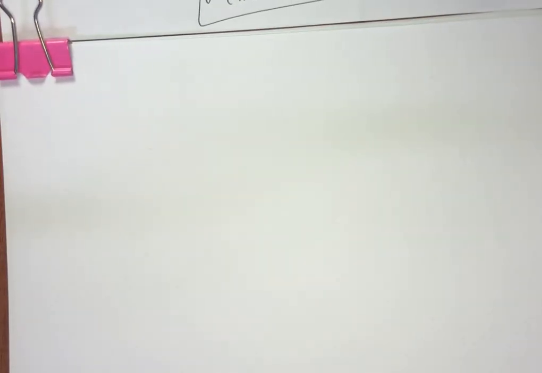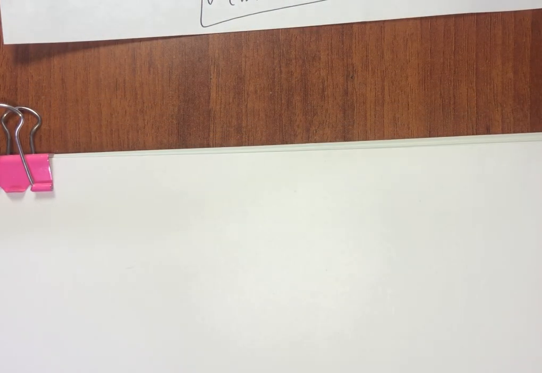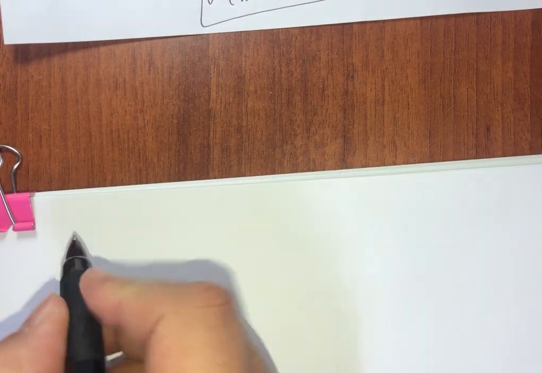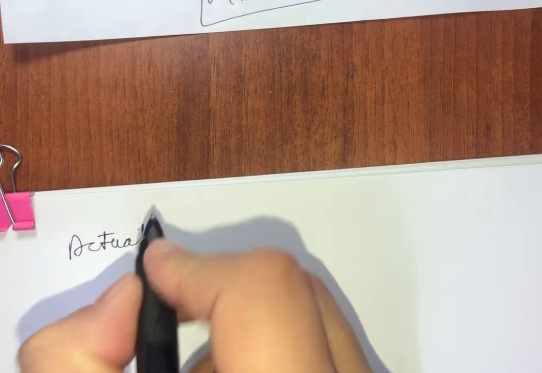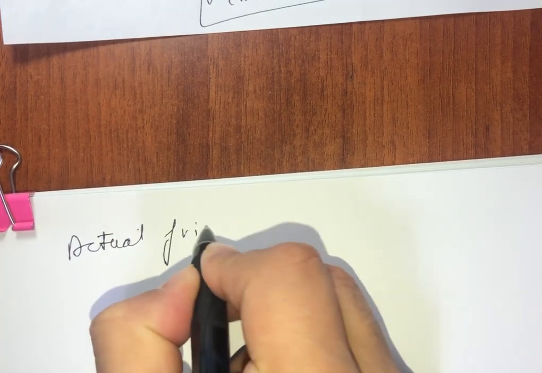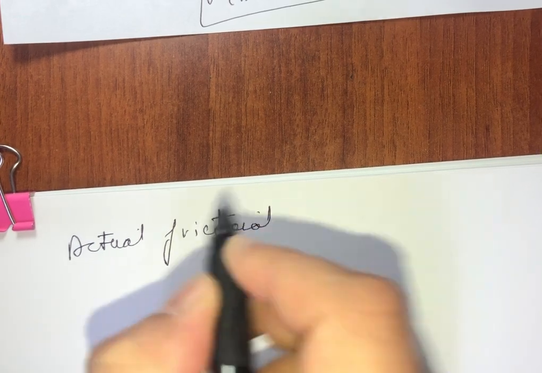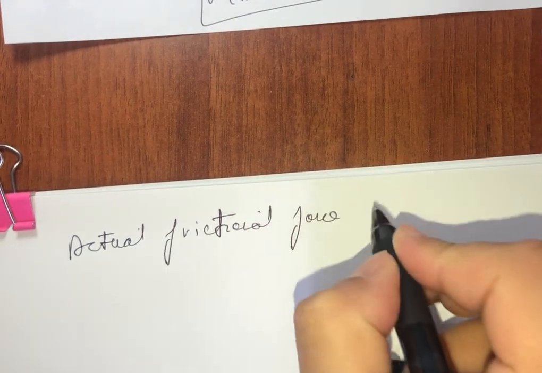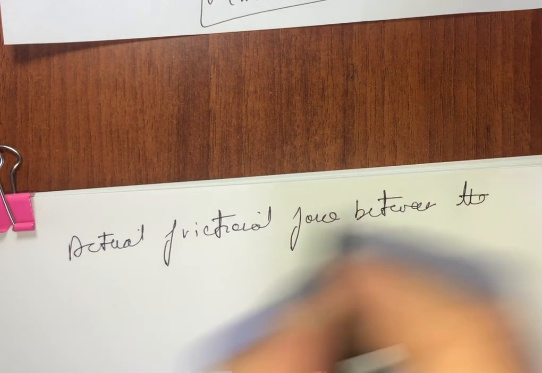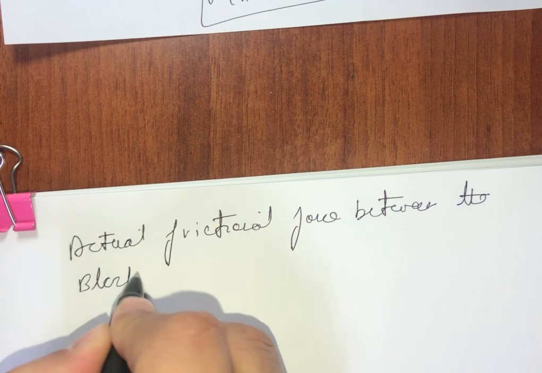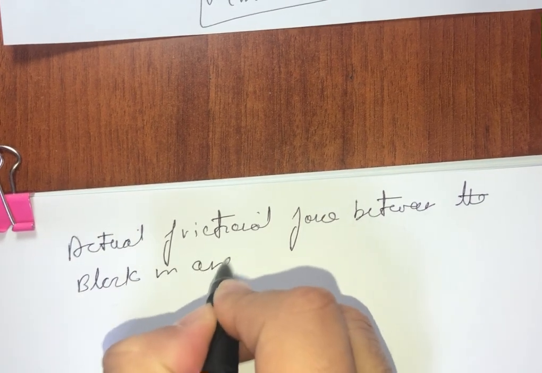Now next let us find the actual value of the frictional force between the block M and the wedge.